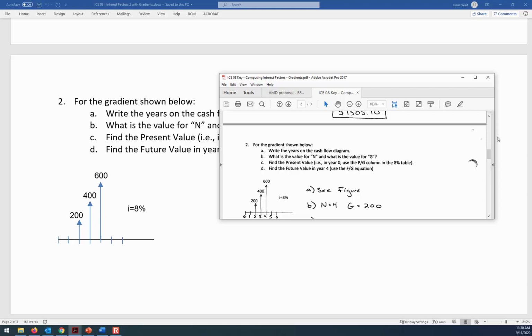And the reason G is 200 is that every successive year, an additional $200 is added to the series. So now in part C, find the present value using the table and the future value using the equation. And I'd love to see your guesses or calculations in the chat box.